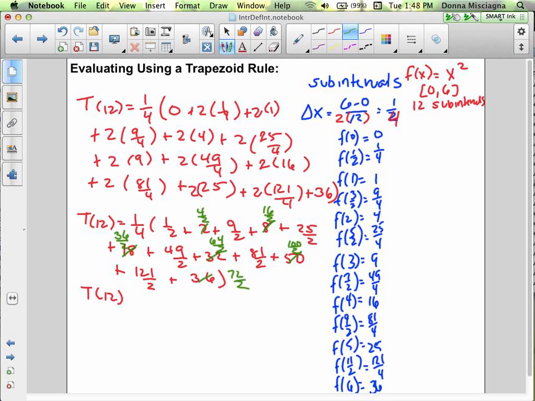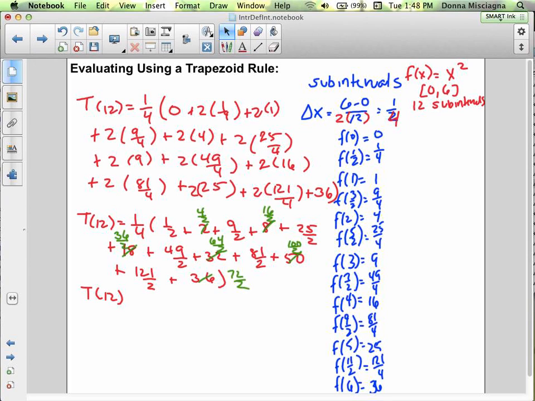All right, so let's add those up. So we have 14, if I add up the first 3 numbers. And then 41, and 36, and 49, and 145 if I add up the 64 and the 81, and then 221. So I'm just chunking the easy-to-add numbers together, and then the 72.